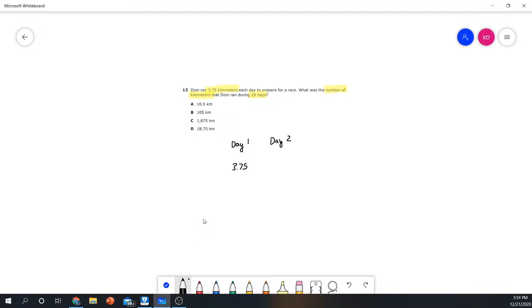He ran 3.75 on that day, and because of that, in total over those 2 days he ran 7.5 kilometers, and on the 3rd day he ran 3.75 times, he ran 11.25, or 11 and a quarter kilometers.